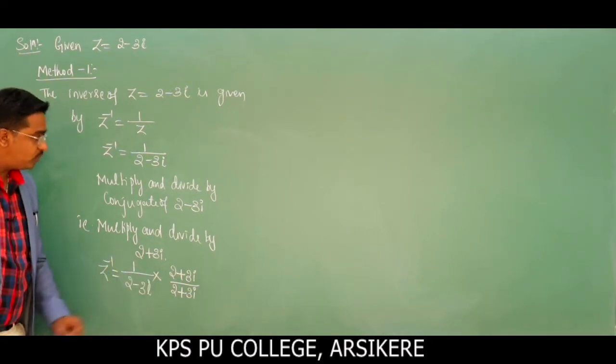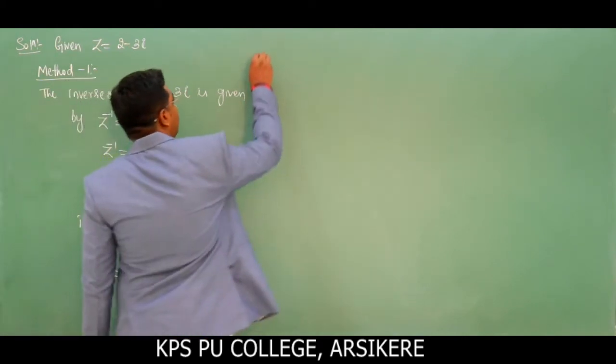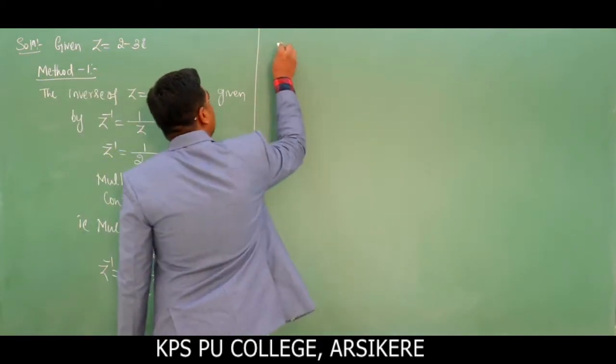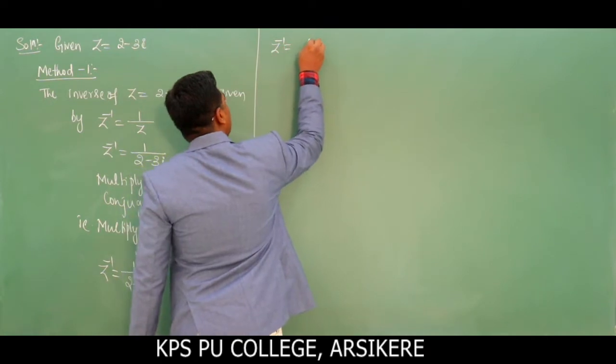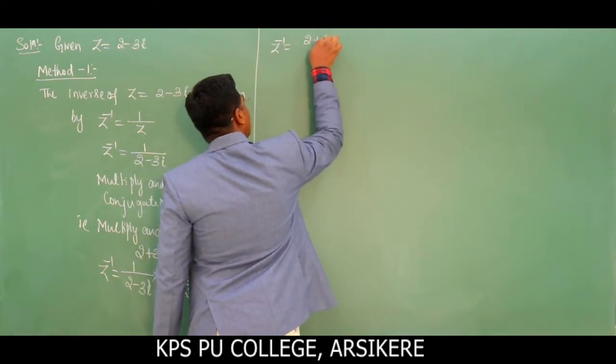So 1 into 2 plus 3i is as it is. Therefore z inverse is equal to 2 plus 3i as it is.